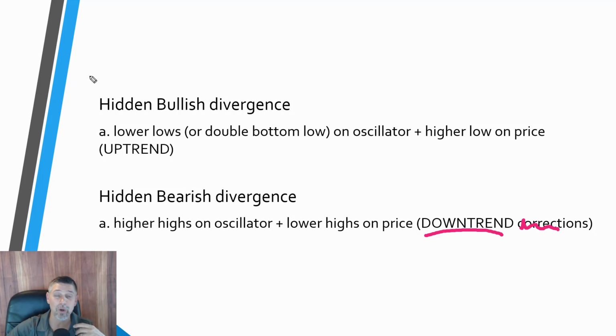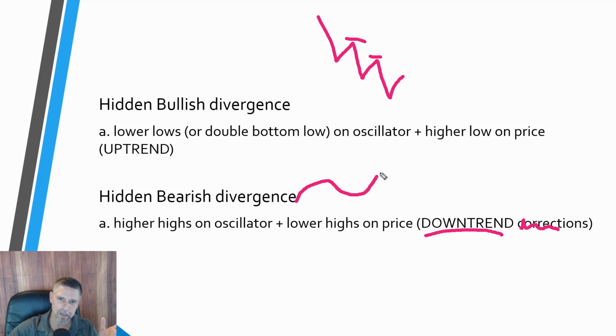So when it's at a downtrend, we're looking for these hidden bearish divergences. And what it is on the price, it's got lower highs, okay? Lower highs on the price, higher highs on the oscillator. So the oscillator would be doing that. Higher highs on the oscillator and lower highs on the price.